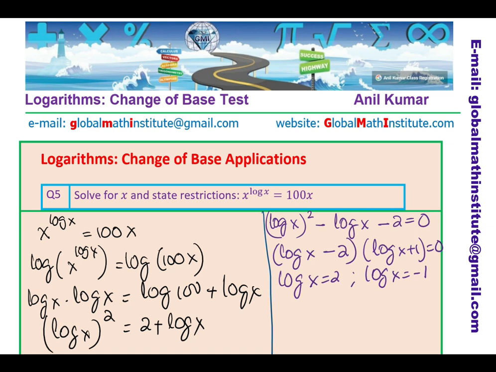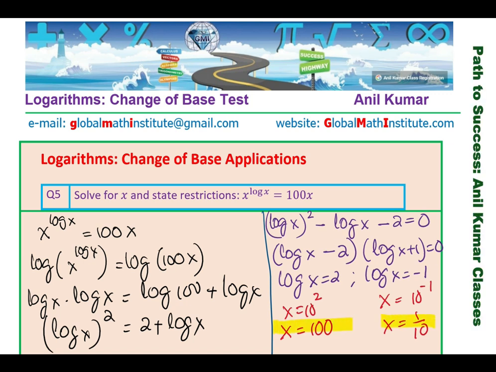So from the first one, we get x equals 10 to the power of 2. From the second one, x equals 10 to the power of minus 1. So x is either 100 or x is equal to 1 over 10. You see? So we get two solutions here. Both are within the domain, where we want x to be greater than 0. So both are the solutions. I hope you understand, right?